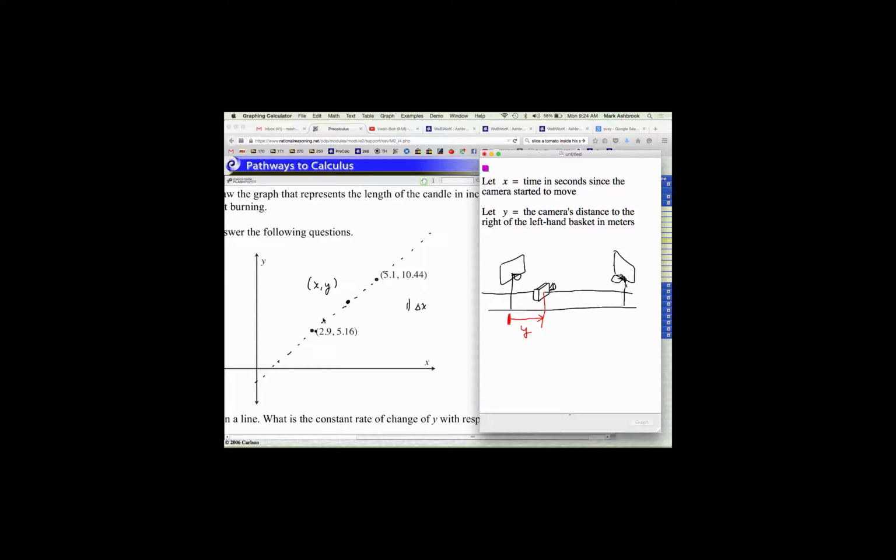Change in x, so I could use either point that we know. I'll use this one. My change in x was, so what was this point? 2.9 and what? Starting at this point, 2.9, 5.16, ending at x, y.